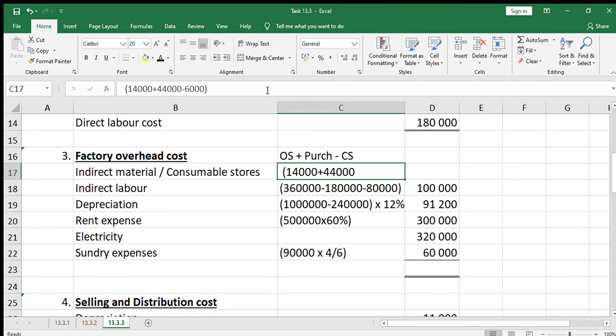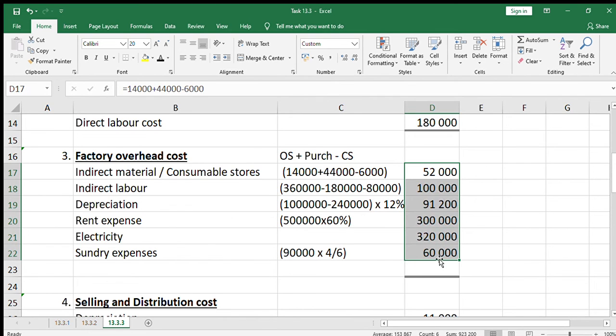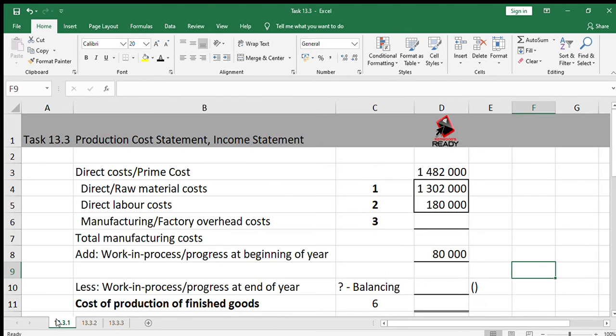Okay, so which is opening stock plus purchases minus closing stock. And the closing stock figure is 6,000. We're just going to subtract it in our calculation and then get the final answer. Okay, now that we've got all of these figures in factory overhead, we can add them up, get the total. And once we have the total, we'll take the total to the production cost statement.